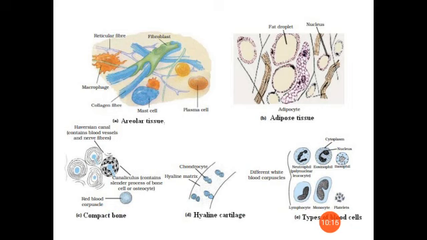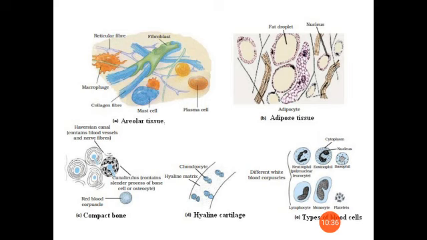So we can conclude like this: connective tissues are tissues which connect different tissues, and they have a matrix and cells in them. They may have some fibers also. Fiber means thread-like structures that may also be found in them.